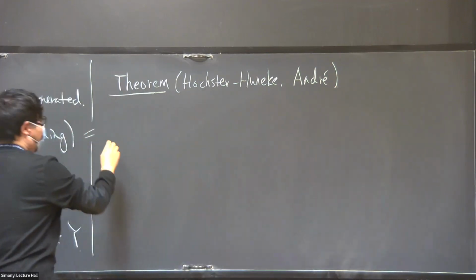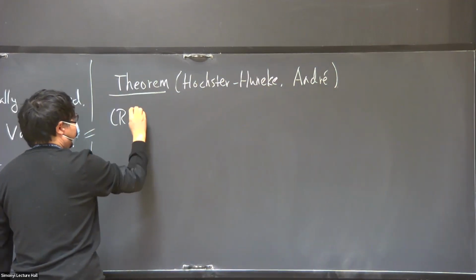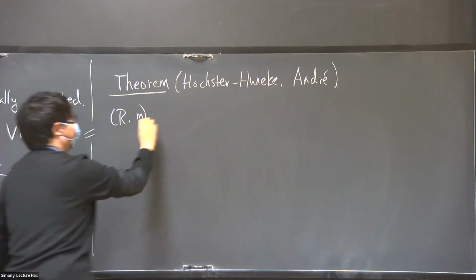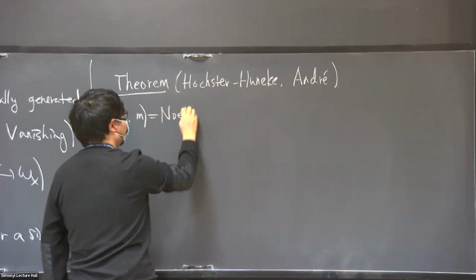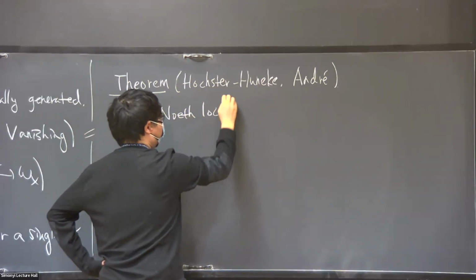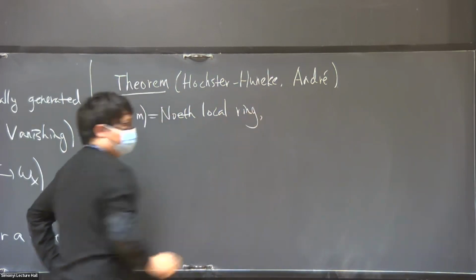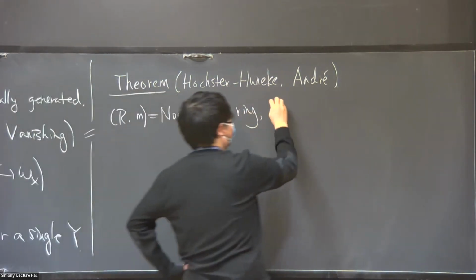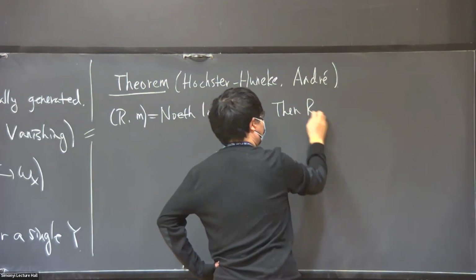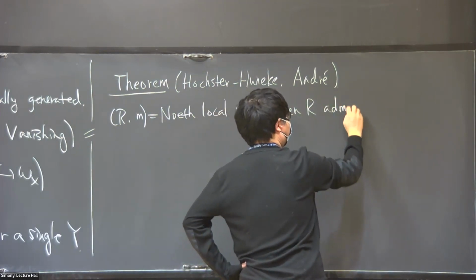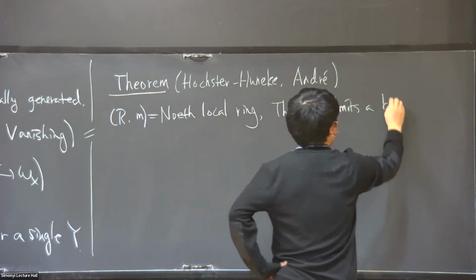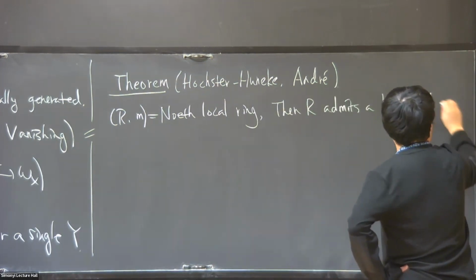So the statement is actually quite simple. If you have a Noetherian local ring R, then the theorem says R admits a big Cohen-Macaulay algebra.